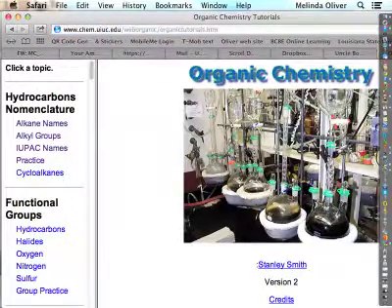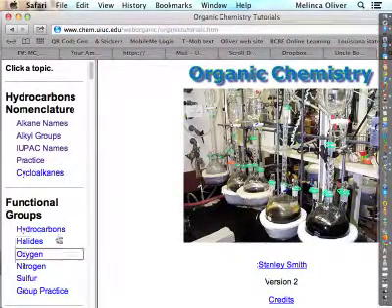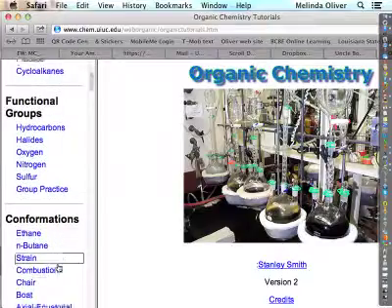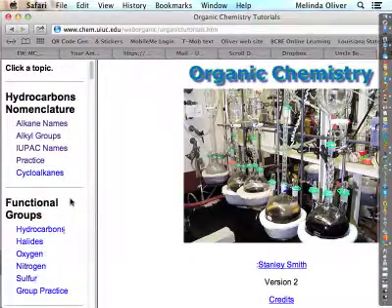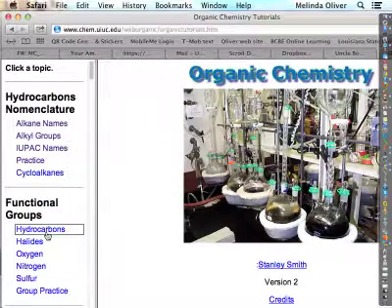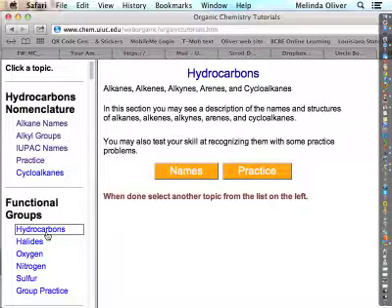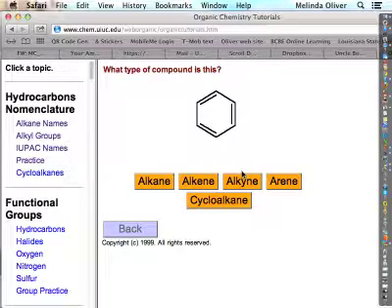Remember this one from lecture 13? So we have other functional groups here. You could try some cycloalkanes, but that kind of went with lecture 13. So let's go to hydrocarbons and see what we have. See, they've got alkenes, alkynes. Don't worry about arenes, but you can do some practice.